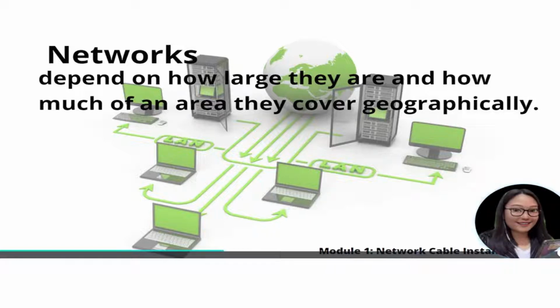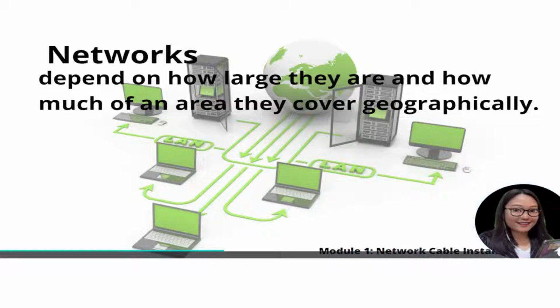Most people have basic knowledge of networking and are familiar with terms such as LAN and WAN. So later, we will identify and differentiate the different network devices and the different types of networking.